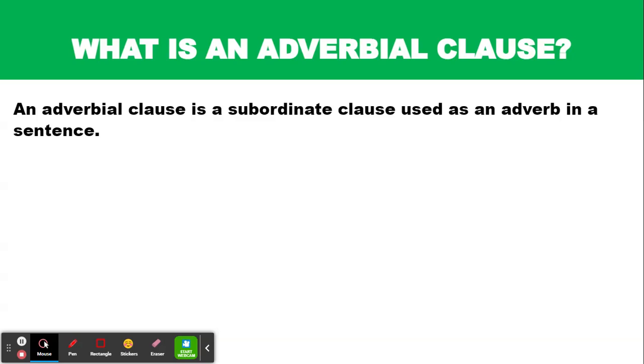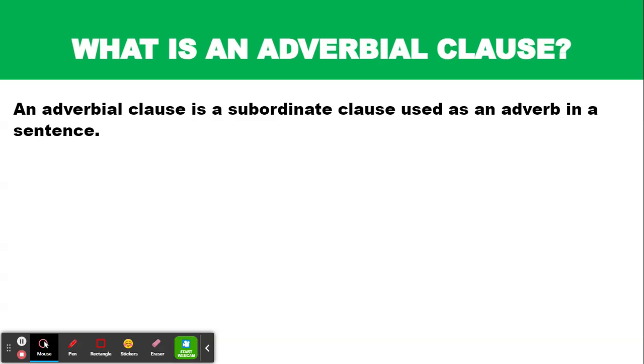And you know that a clause is a group of words that contains a subject and a verb and forms a sentence or part of a sentence. And an adverbial clause, of course, is a subordinate clause, so it can only form part of a sentence.